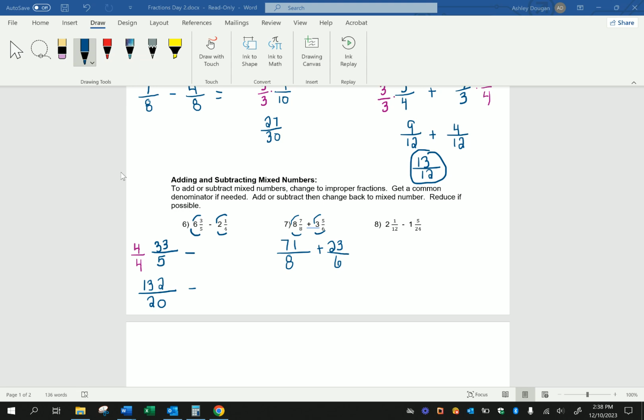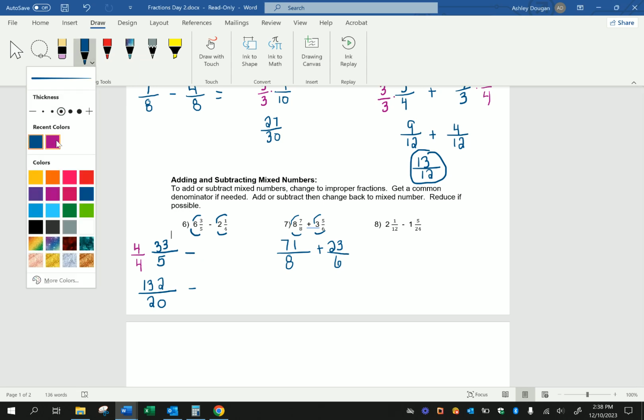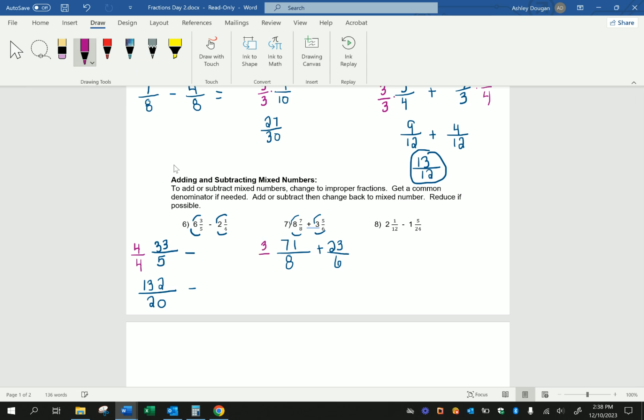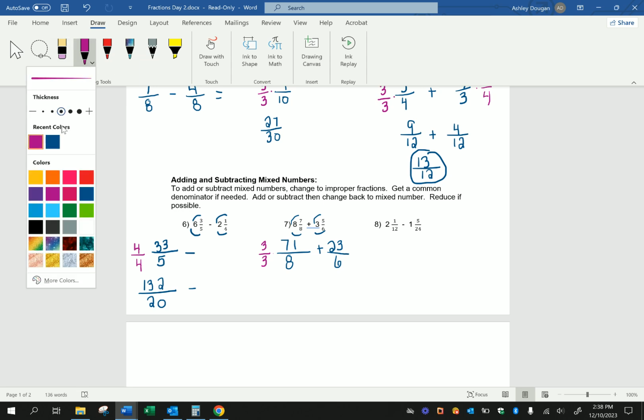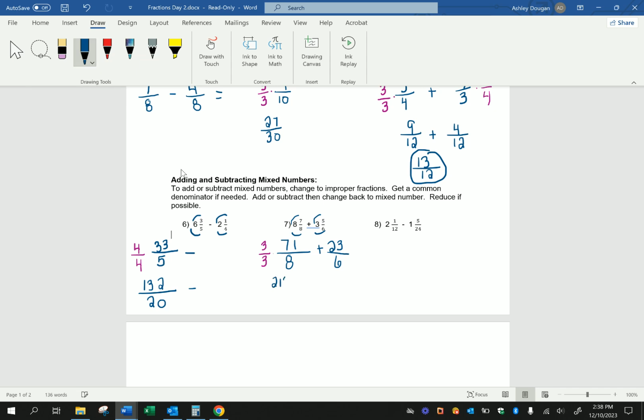That's going to be my common denominator. Once I know that, I need to look at what can I multiply 8 by that would give me 24, and that is 3. And when I multiply those, 71 times 3 gives me 213 over 24. And I'm adding these.